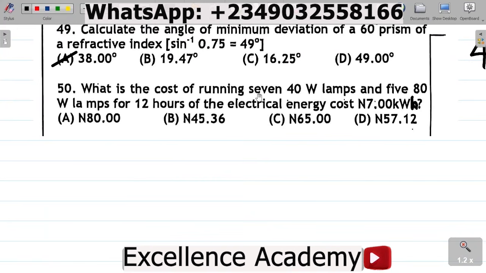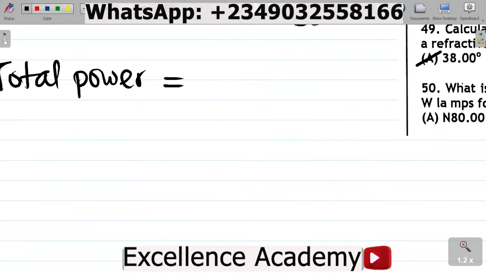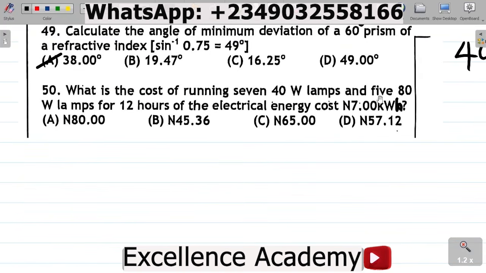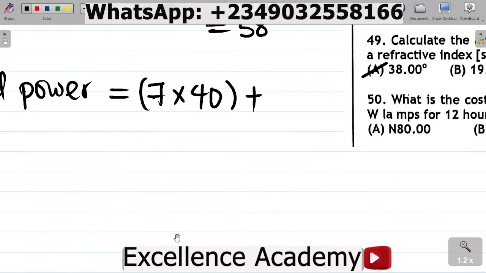They said 7 40-watt lamps, so it becomes 7 times 40, plus the other one, which is 5 80-watt lamps, so 5 times 80.